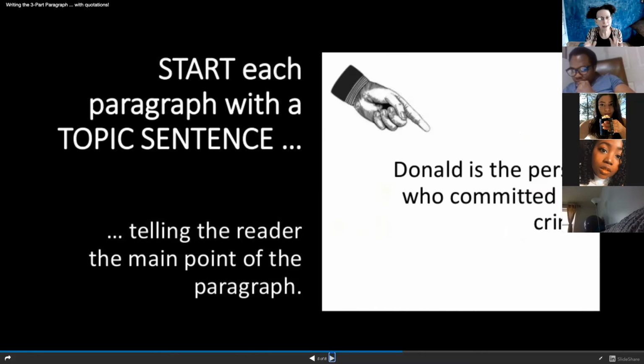Or if you want to get a little bit more complicated, you can't really say whether Lola was a slave or not, or it depends on how you define slave. The very first sentence of the paragraph, this topic sentence, is going to be telling the reader what your main idea is in that paragraph.